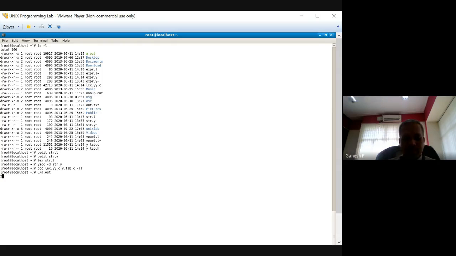Let me give 2 + 3. So 2 + 3 is not valid here because we need A's and B's. It gives invalid expression. So now I have A. Is it valid or not? A power n, b power n, n is greater than or equal to 0.